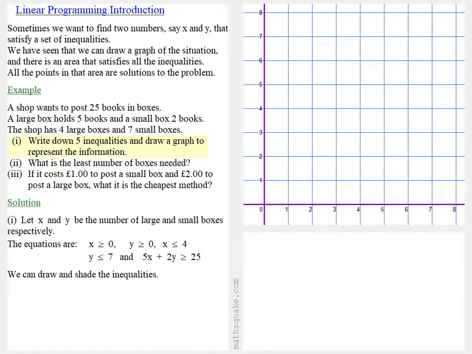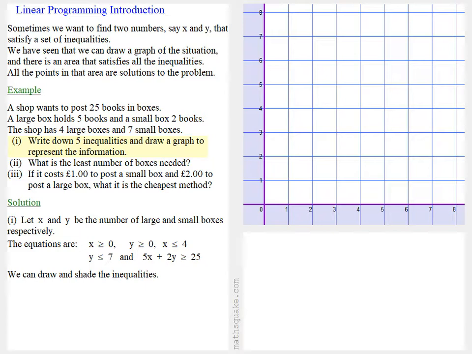Well, we can draw the graphs of these inequalities. First of all, if x is greater or equal to 0, that means we're going to shade out all the values of x that are below 0. If y is greater or equal to 0, we're going to shade out all the values of y that are less than 0.